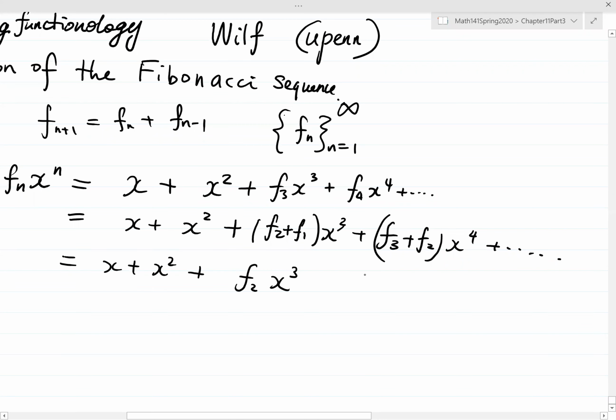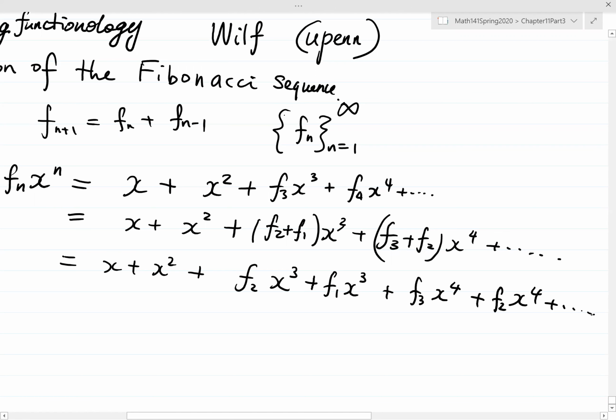Here we can switch the order of summation, since for x small enough this converges absolutely. So this is f1, use algebra, f3 x to the power 4, f2 x to the power 4, etc.